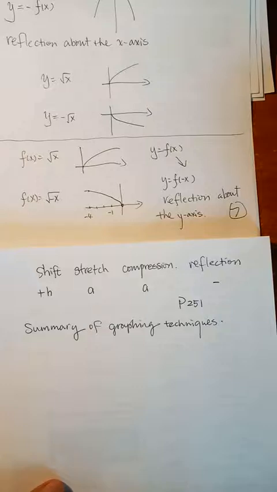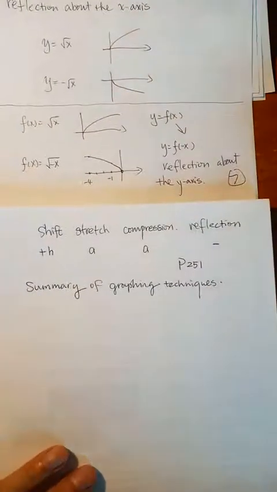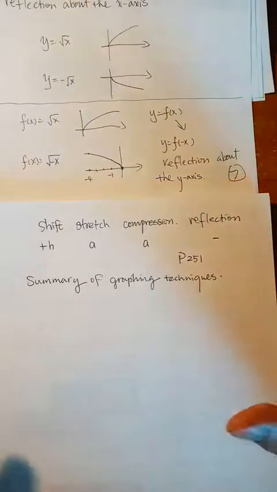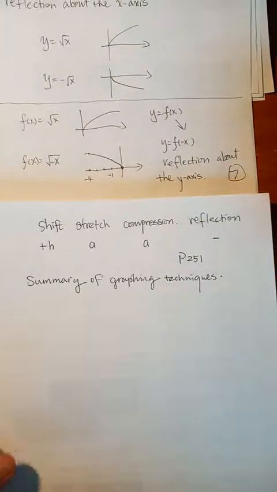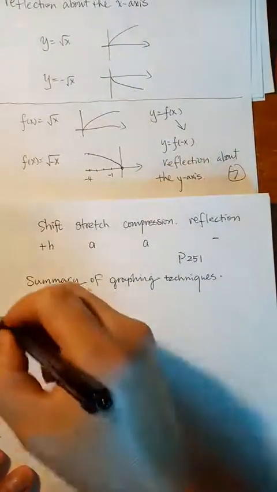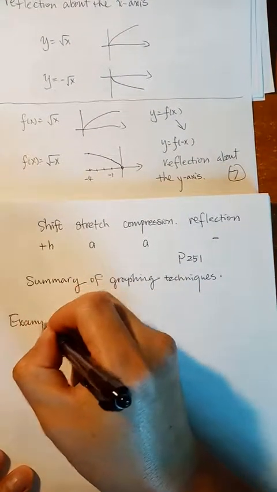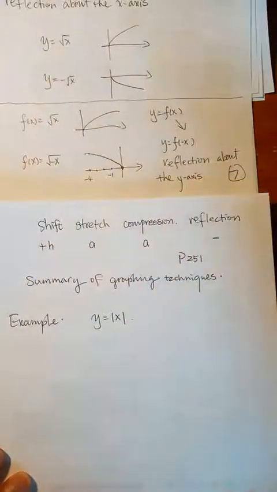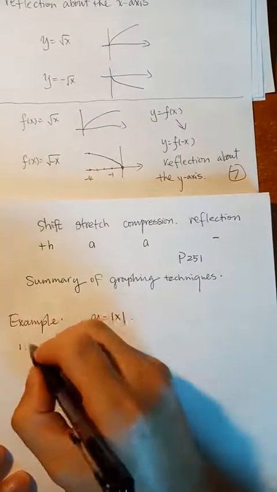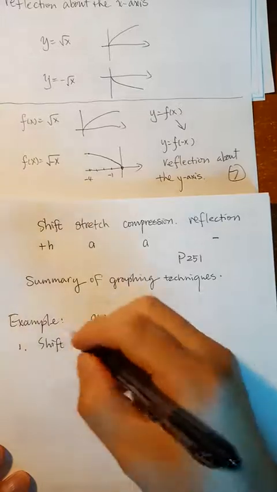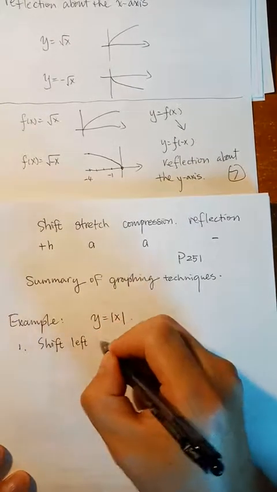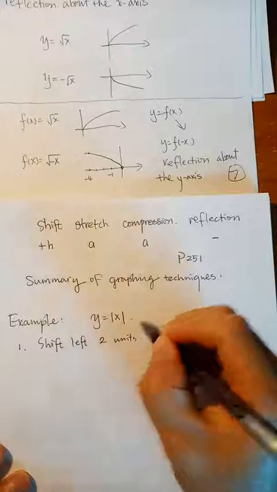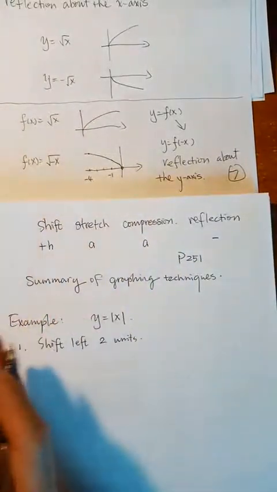Okay, so the next example, we are going to combine those techniques and get the graph of some complex functions. Okay, so first we have our standard function, y equal to absolute value of x. Step 1, shift left 2 units. Shift to the left. Left right is about x.